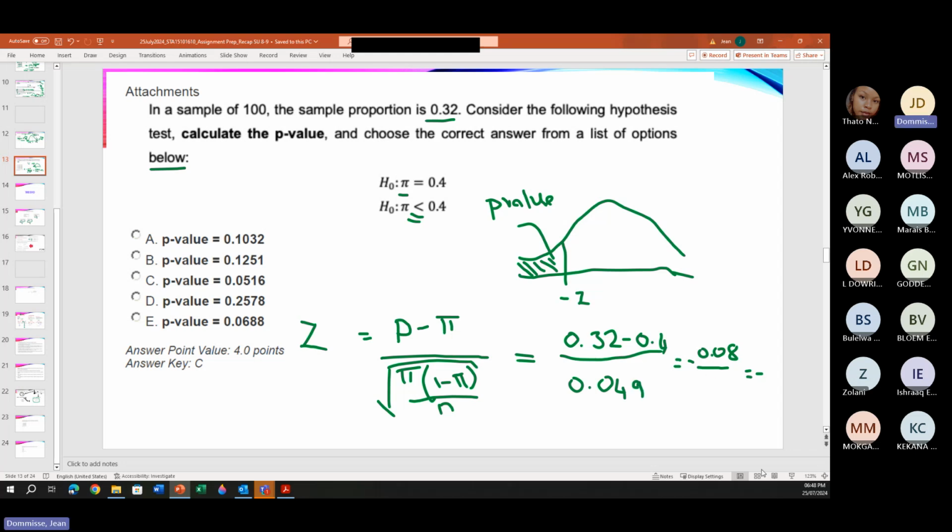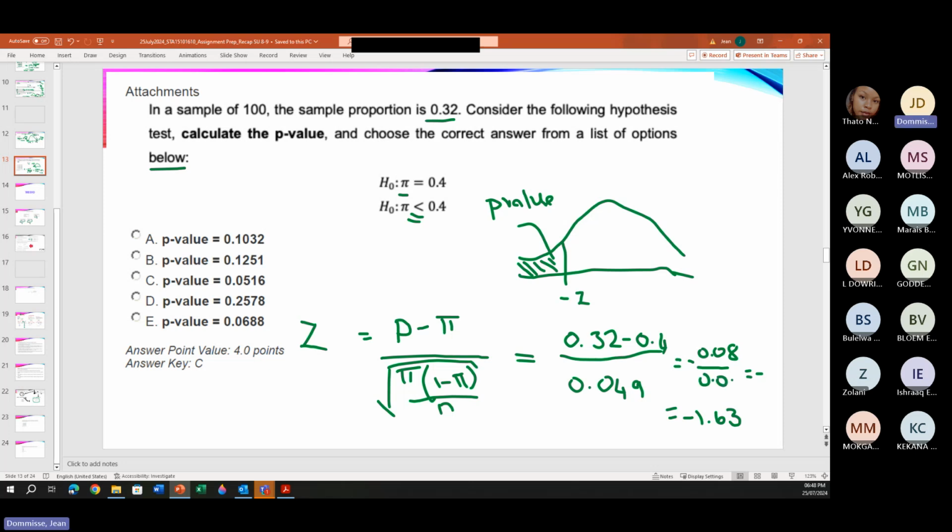So if I divide 0,08 divided by that, and just remember the negative, I get that my answer is minus 1,63.